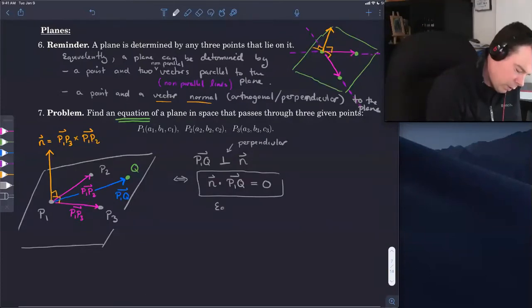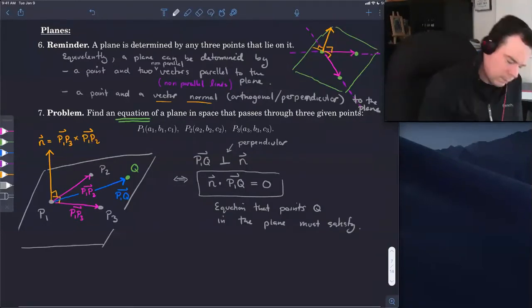So this is an equation that points Q in the plane must satisfy. So that's our equation of the plane.